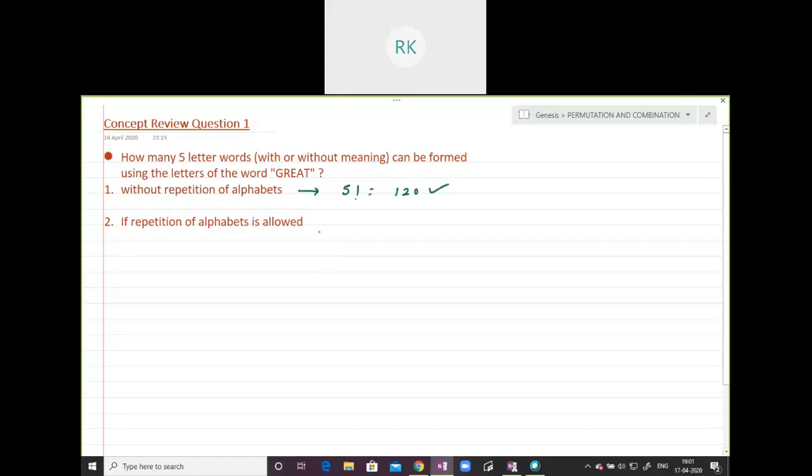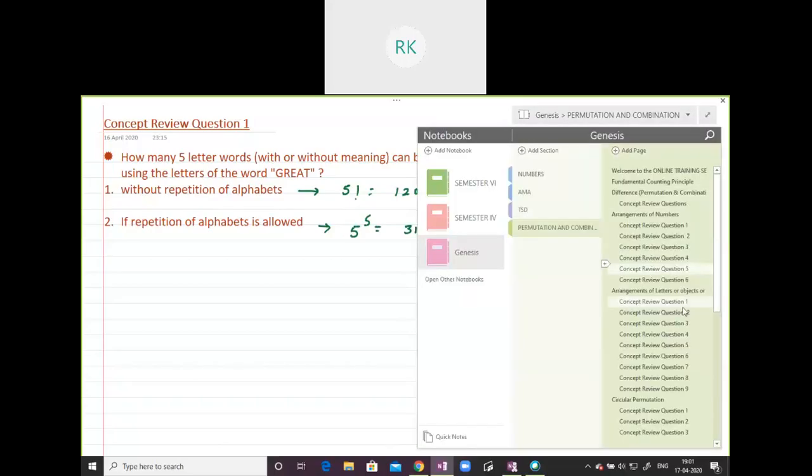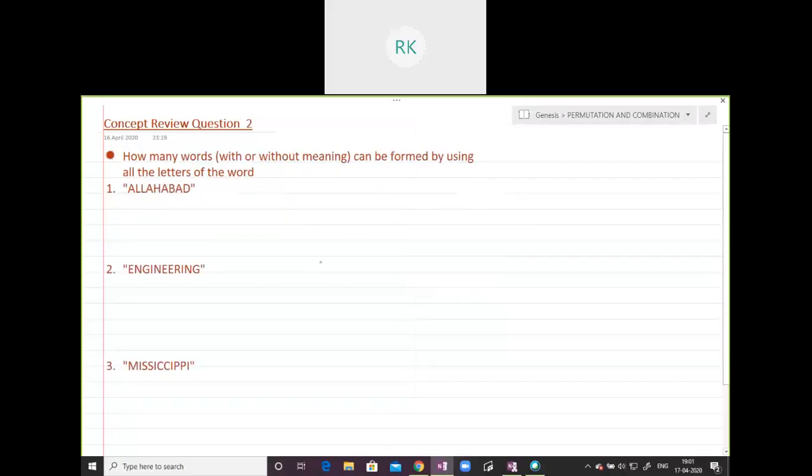What about the second one? If repetition of alphabets is allowed, it means 5 to the power 5. Wonderful. Great. Everybody got the right answer. Here we go for the next slide. Next question.